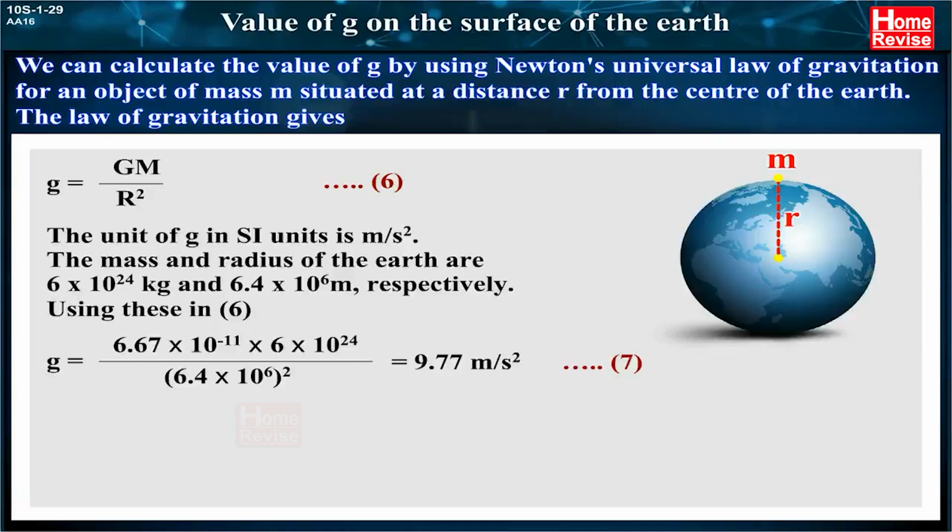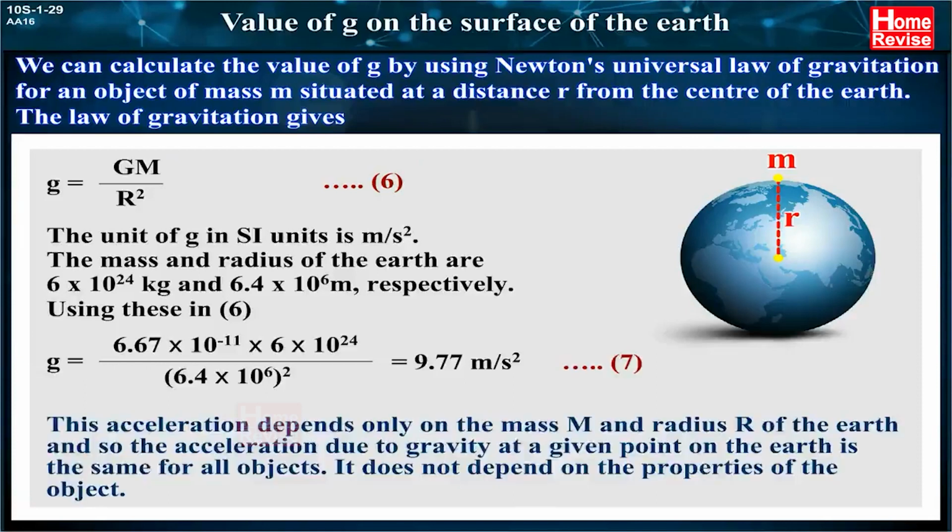Let this be equation 7. This acceleration depends only on the mass M and radius R of the Earth, and so the acceleration due to gravity at a given point on the Earth is the same for all objects. It does not depend on the properties of the object.